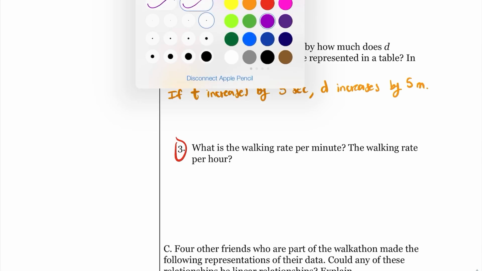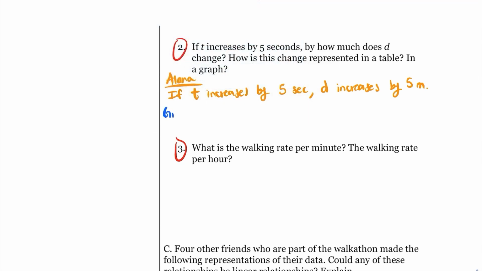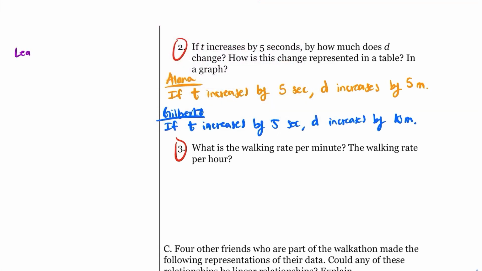Gilberto: if t increases by 5 seconds, d increases by not 5 meters, but by 10 meters. And then lastly we have Leanne.